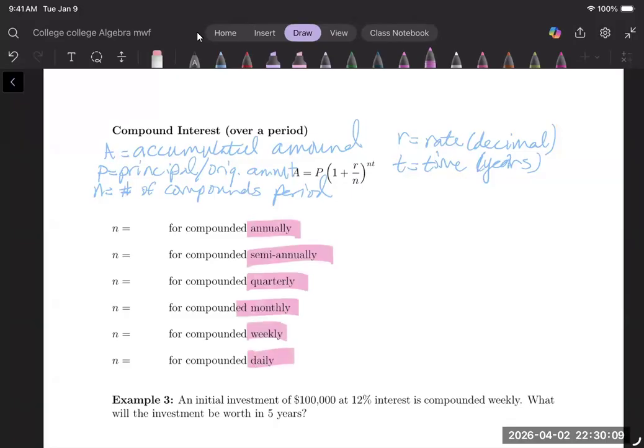So annually is 1. Semi-annually is 2. If anyone of y'all likes sales like I do, a lot of companies have semi-annual sales, like July and December, twice a year. Quarterly, 4, right? 4 quarters make a dollar. Monthly, 12. What's weekly? 52. What's daily?